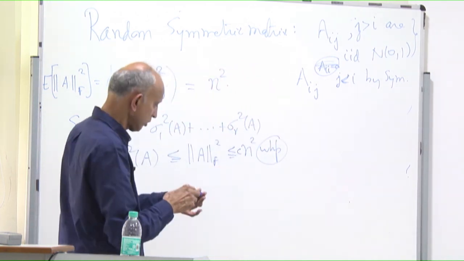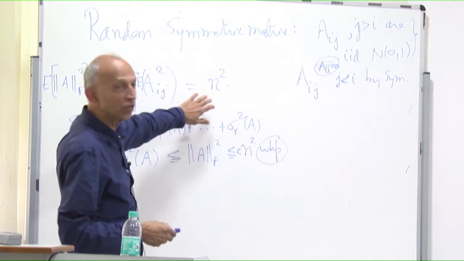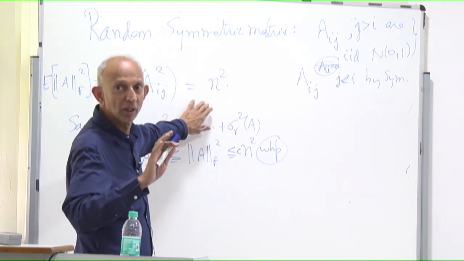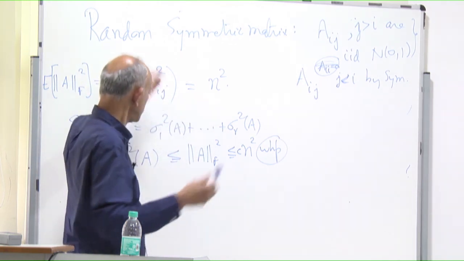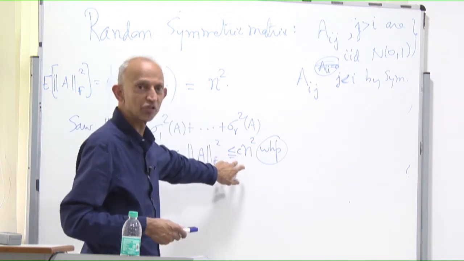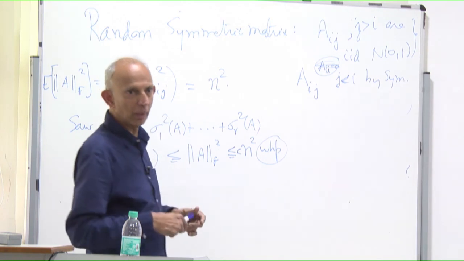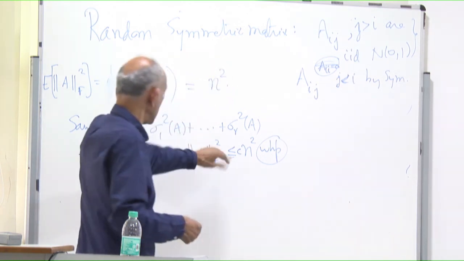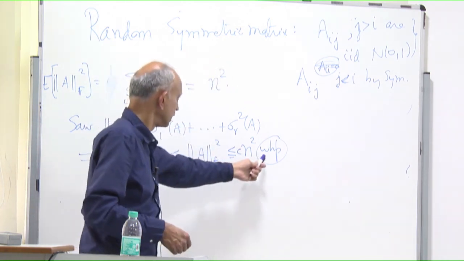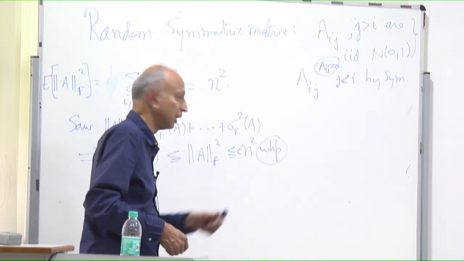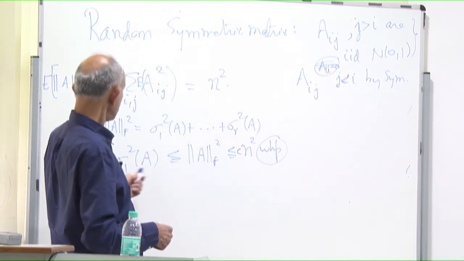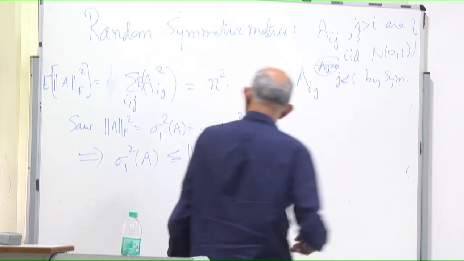So why is that, right? The Frobenius norm squared in expectation is n squared, only in expectation. But it's a sum of many independent variables, so it's not going to be greater than C n squared. We saw that for sums of independent variables, the tail bounds are good. So this won't be very large with high probability. And so sigma 1 squared is less than C n squared.